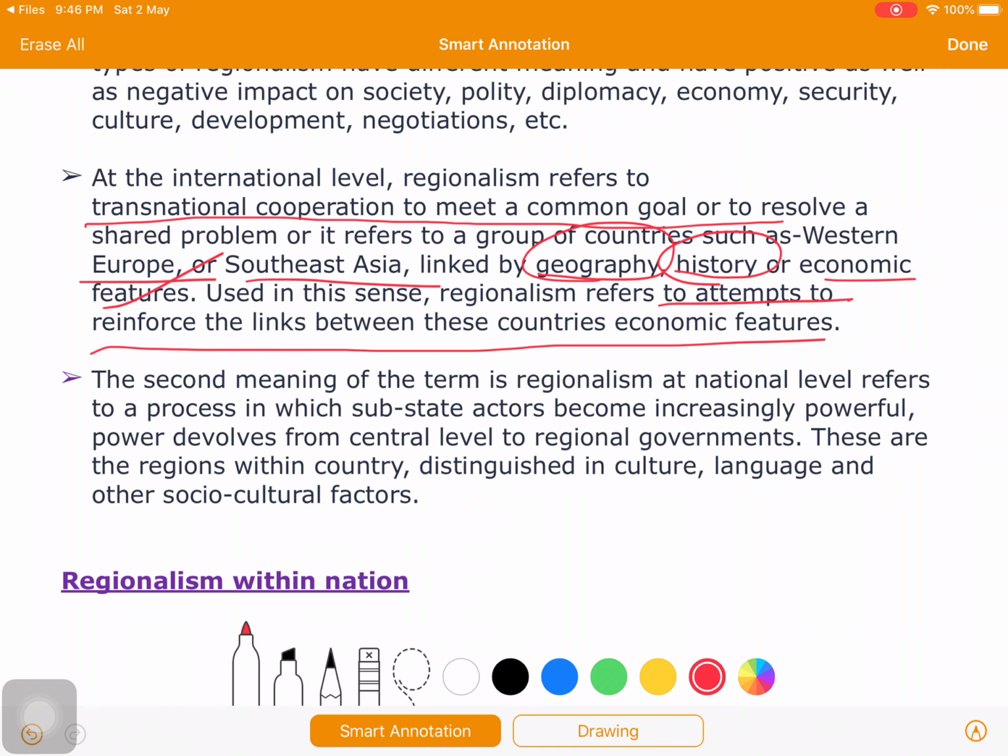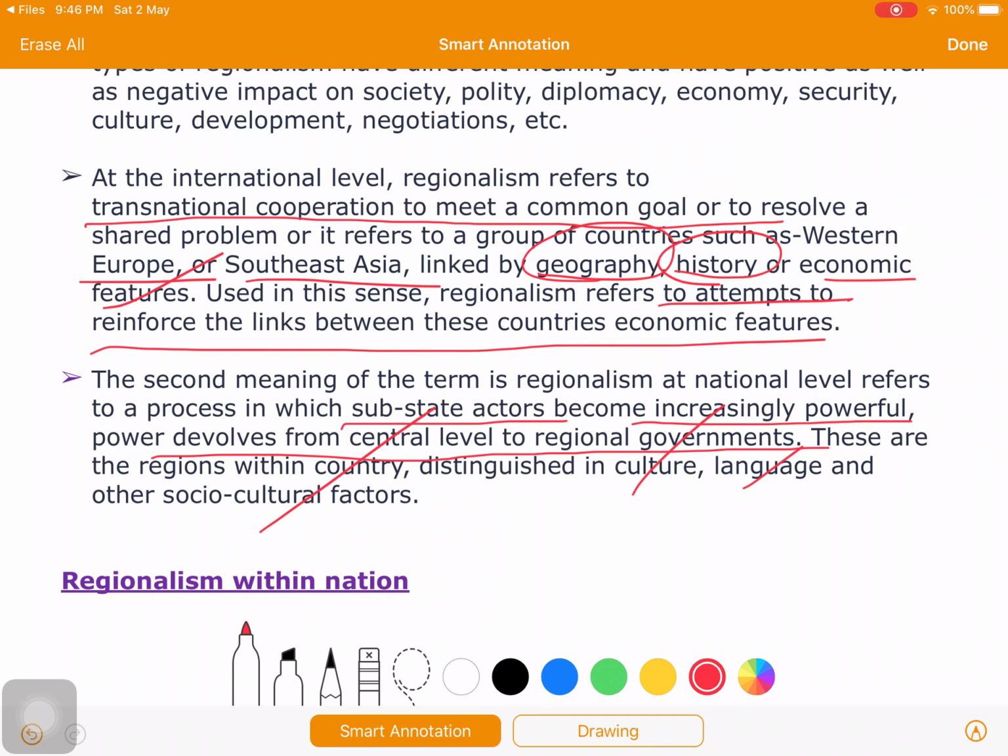And as a part of that, the term regionalism at the national level refers to the process in which sub-state actors become increasingly powerful. Power devolves from the central level to regional governments. These are the regions within the country which are distinguished in culture, language and other socio-cultural factors.